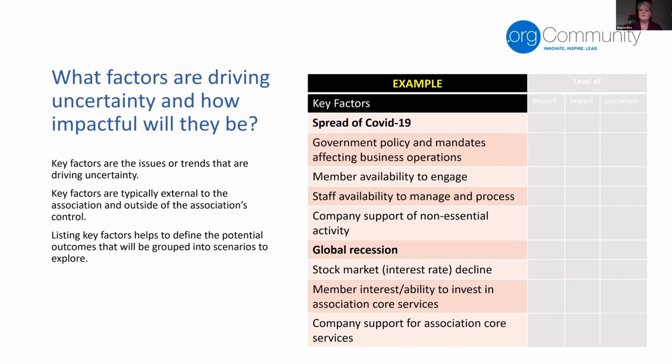Staff availability. To manage and to process as we make this, and this is hopefully a short-term impact, but as we make this transition this week to working remotely, staff have to be able to adjust to that, and our systems have to be able to support that. So that's a driver, that's an impact. Company support for non-essential activity. So what companies are telling their members.